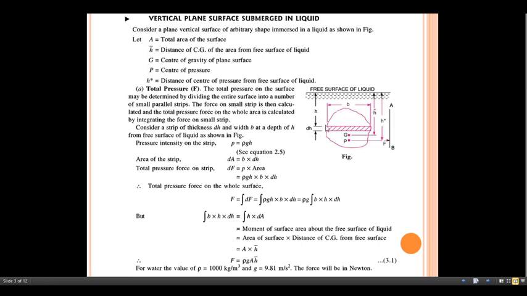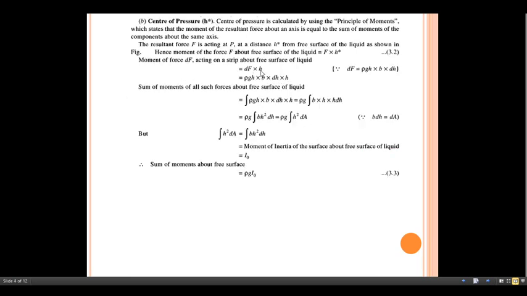With respect to this strip, we have to consider the dF force. Now dF multiplied by h will come here. dF is nothing but rho g h multiplied by b multiplied by dh. This term will occur here, and dh, as we already know, multiplied by h will come here.